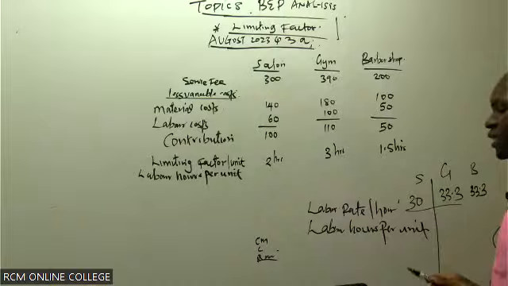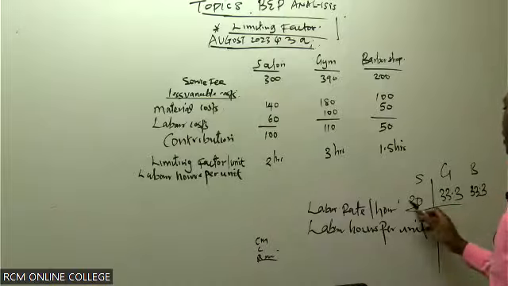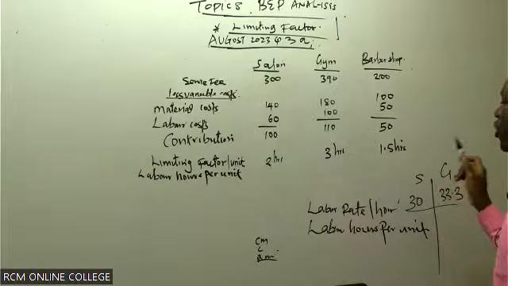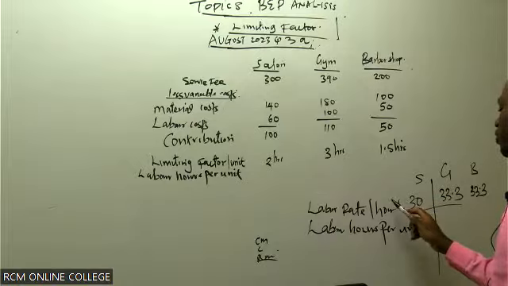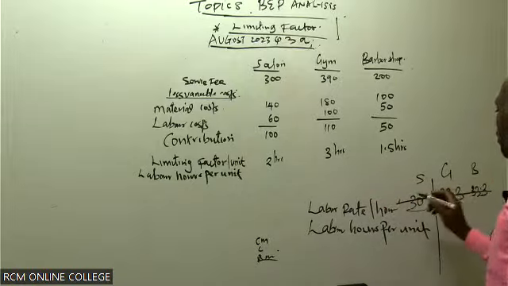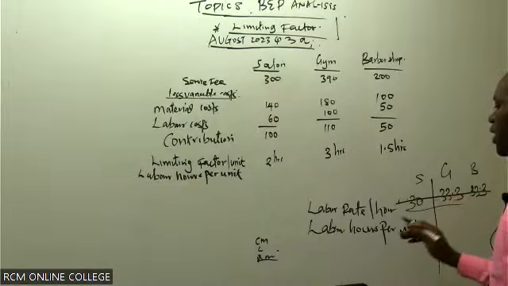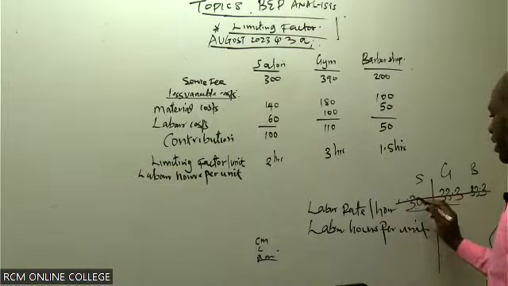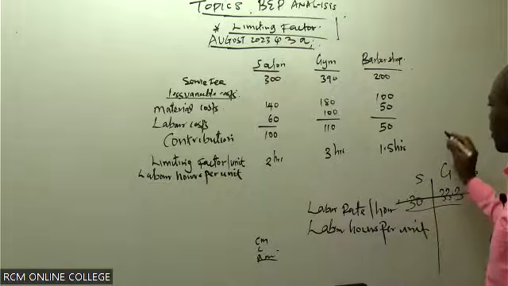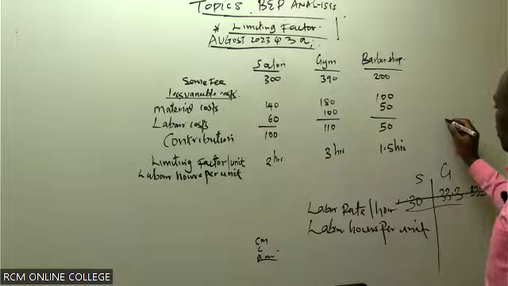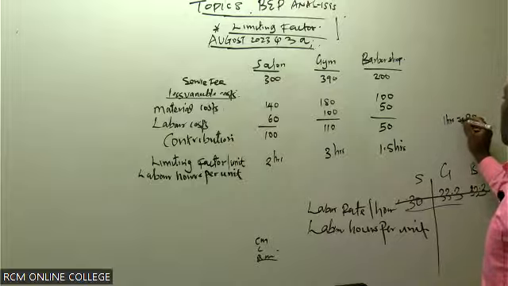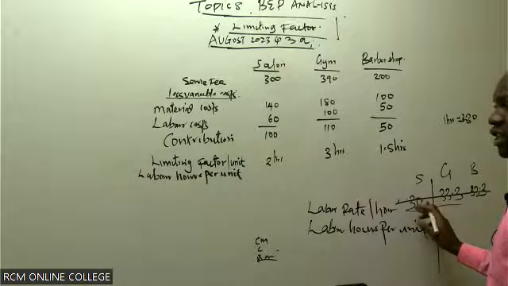So in most cases, you're going to find that this rate will be the same. But it does not mean in all questions the rate will be the same. In some questions, if they give you this, we use the rate to get the labor hours. For example, if you're given this rate, but we need labor hours per unit, you'll be asking yourself, if 1 hour is equal to 30 shillings, that is what we have, the labor rate per hour.